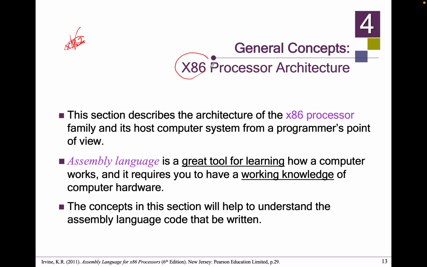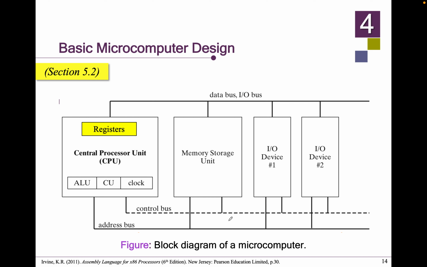So for the X86 processor family, we are going to learn the general concepts here. Assembly language is a great tool for learning how a computer works, and it requires you to have a working knowledge of computer hardware. The concepts in this section will help to understand the assembly language code that we write.